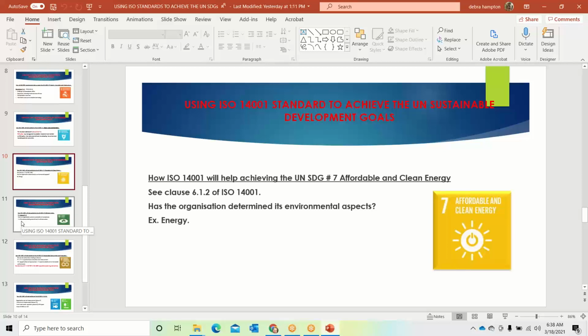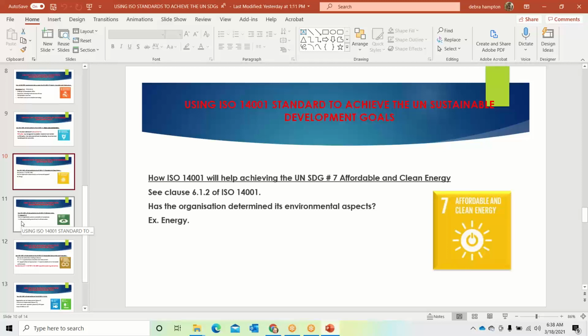On that ISO 14001, how will it help achieve the United Nations Sustainable Development Goal number 7, that is, affordable and clean energy?